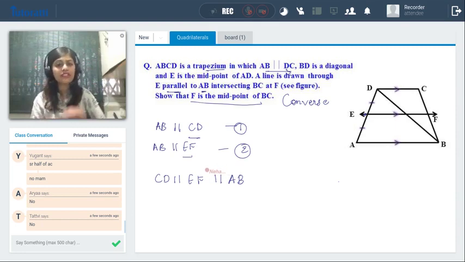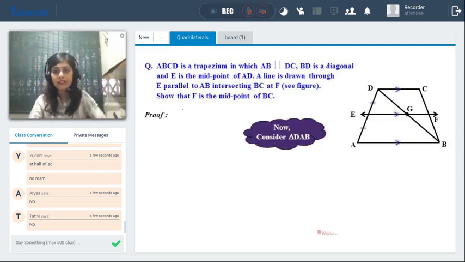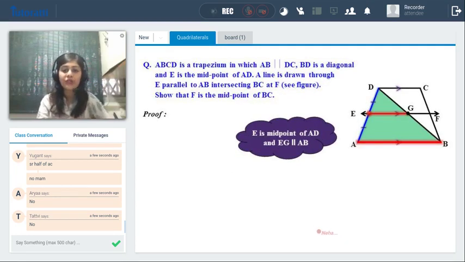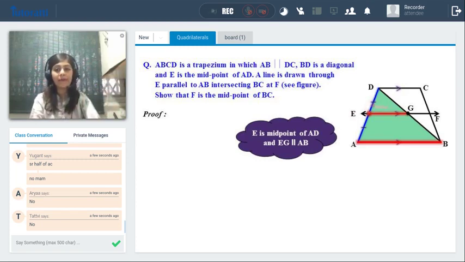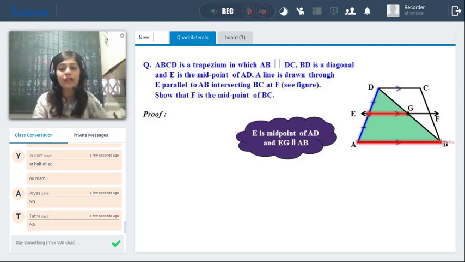Next, students, pay attention. Let's take one triangle at a time and start applying the midpoint theorem. In this triangle, what do we have? It's given E is the midpoint of AD. Next, we already know EF is parallel to AB. So can I say EG is parallel to AB? Yes, EG is a part of EF, so definitely I can say that.